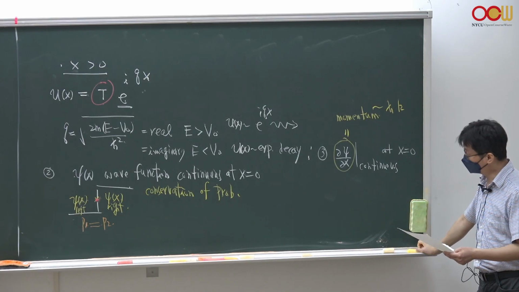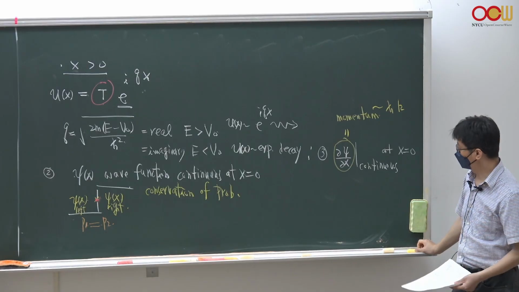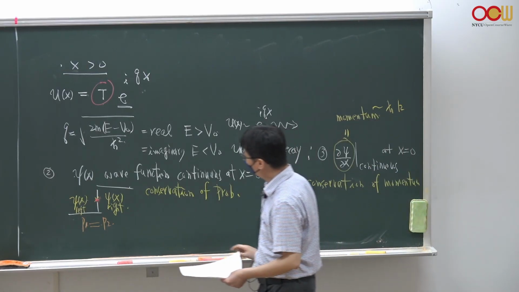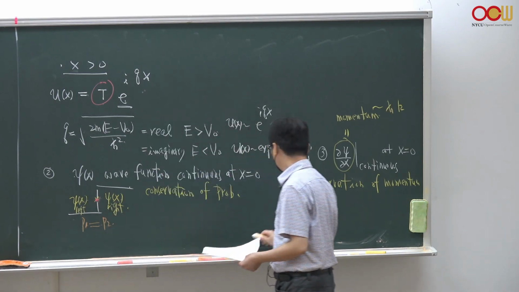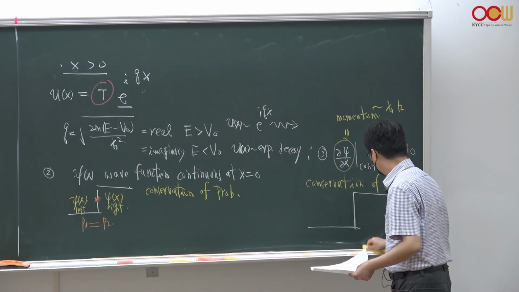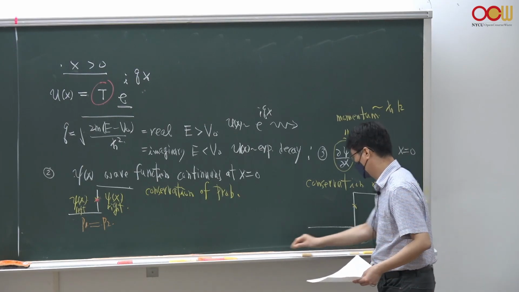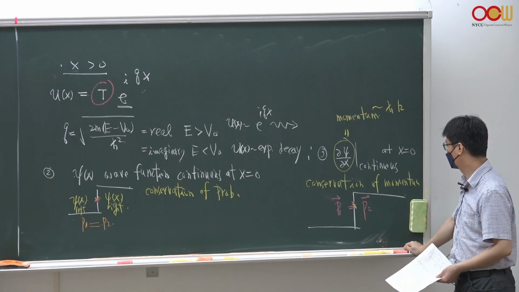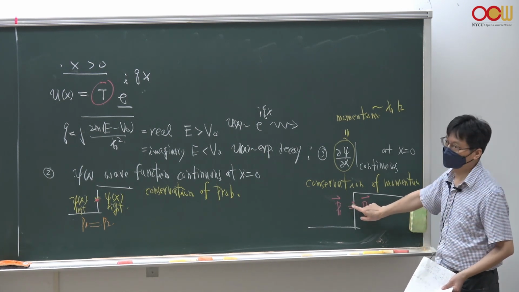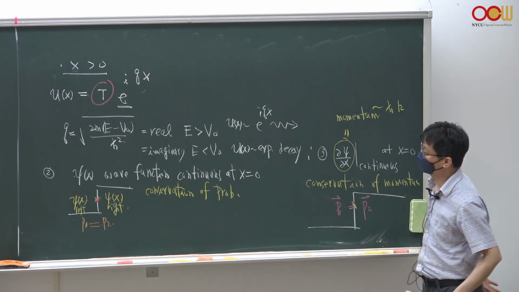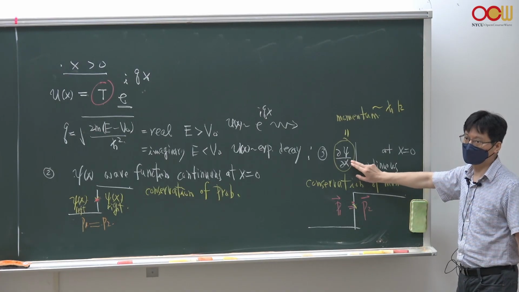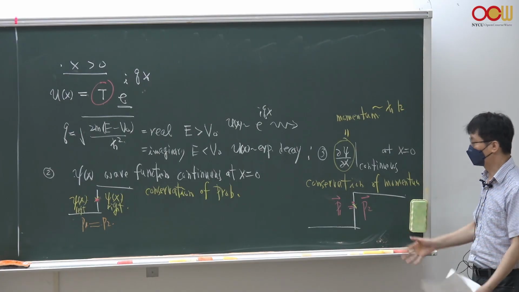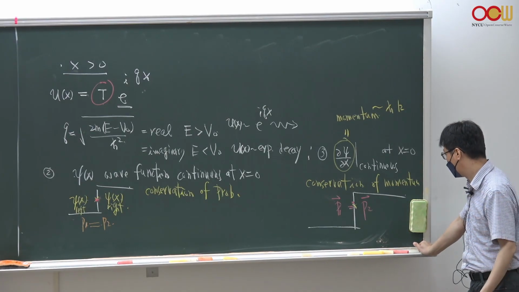So this tells us that this momentum must be continuous, or must be conserved, because momentum has to be conserved everywhere. So we should demand that at the boundary, the two solutions that give you two different slopes or derivatives, or momenta, must have the same momentum right at the boundary.